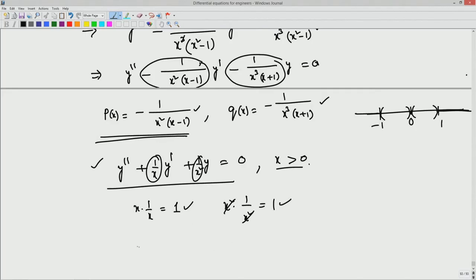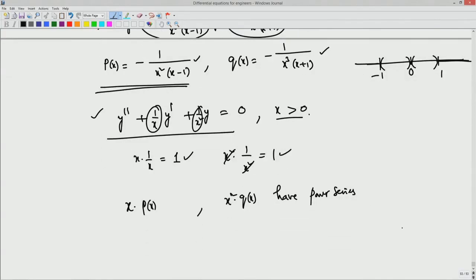So, in the same way, if I have x into p(x), and similarly x square into q(x), if these two have power series around x equal to 0, then 0 is a regular singular point.